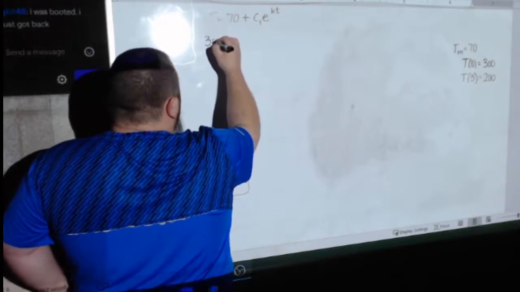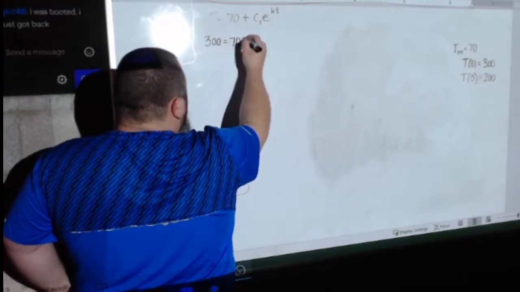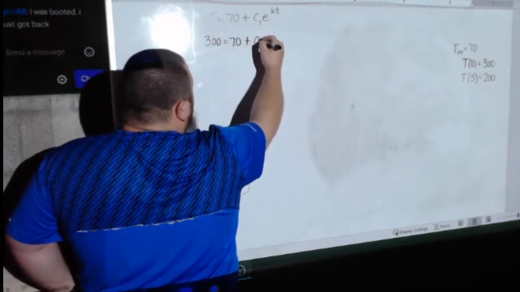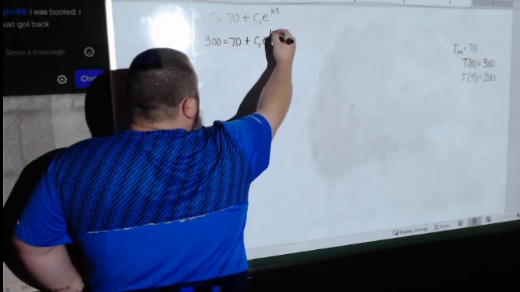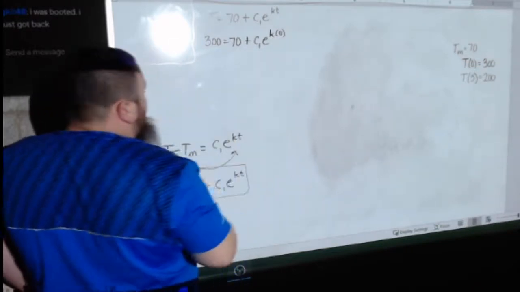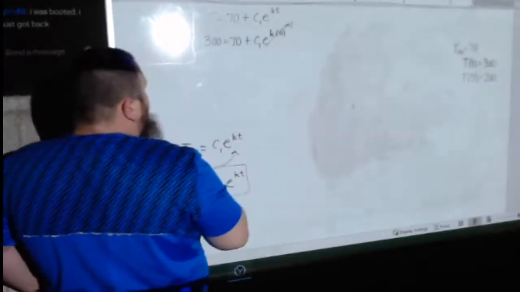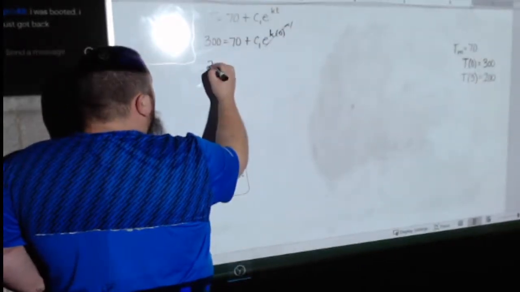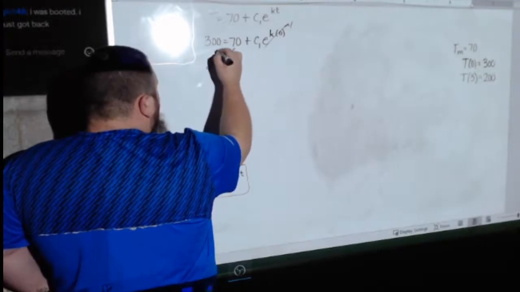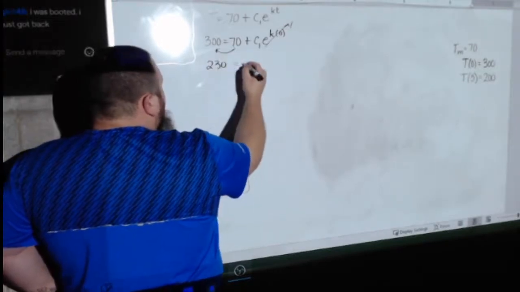So 300 is equal to 70 plus c1 e to the k times 0. This term right here goes to 1. And so we get 230, by moving this over here, is equal to c1.